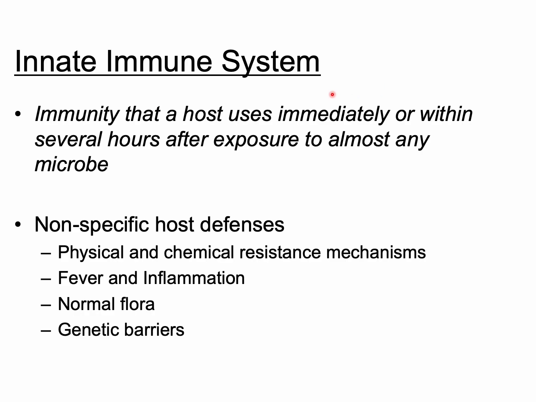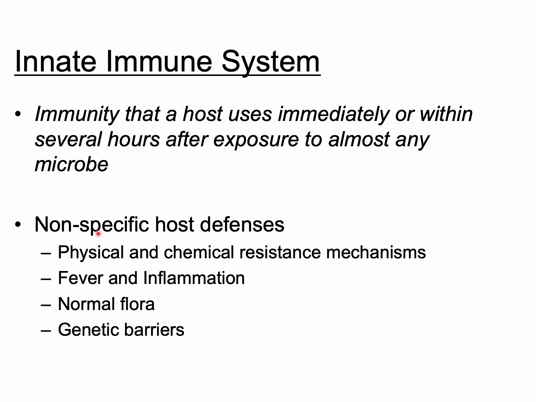So the innate immune system, this is where we're starting. And as I've already mentioned, the innate immune system is non-specific. This is the response that occurs immediately or within hours of exposure to almost any type of microbe that your body sees as foreign.